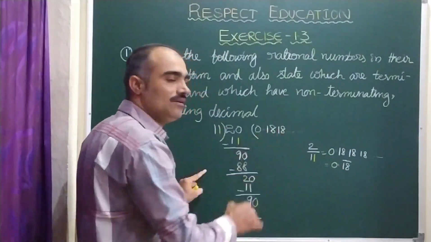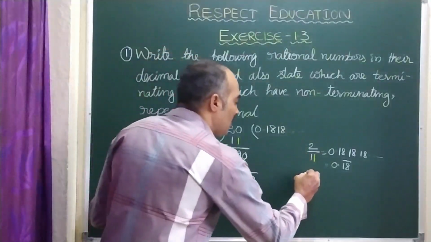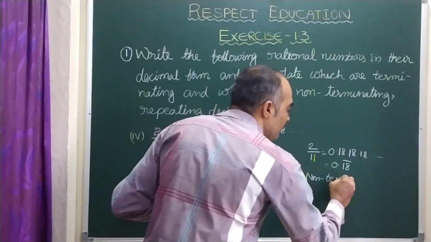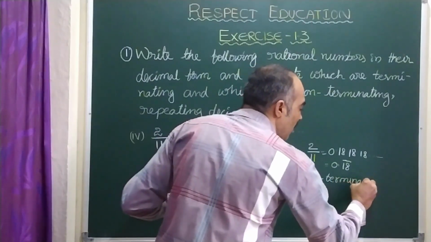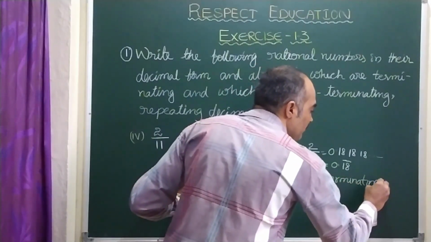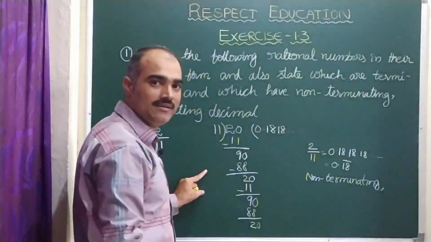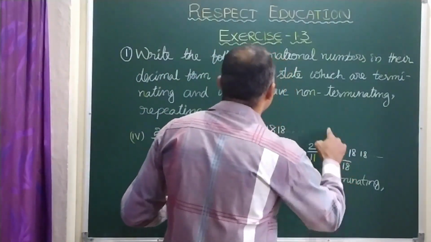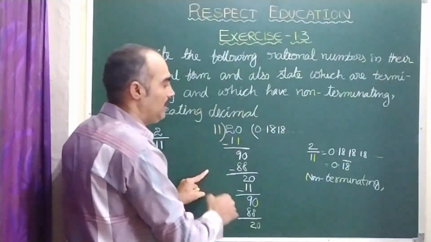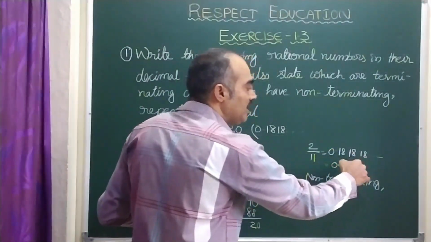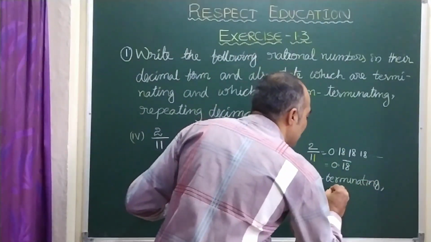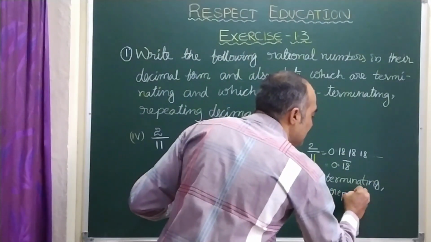So again, this kind of expansion is called non-terminating, meaning no ending, and here non-terminating, then repeating decimal. Here you see 181818 gets repeated, so non-terminating, repeating decimal.